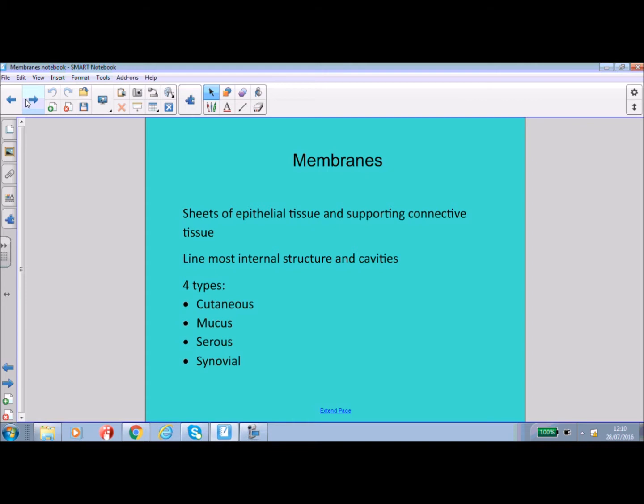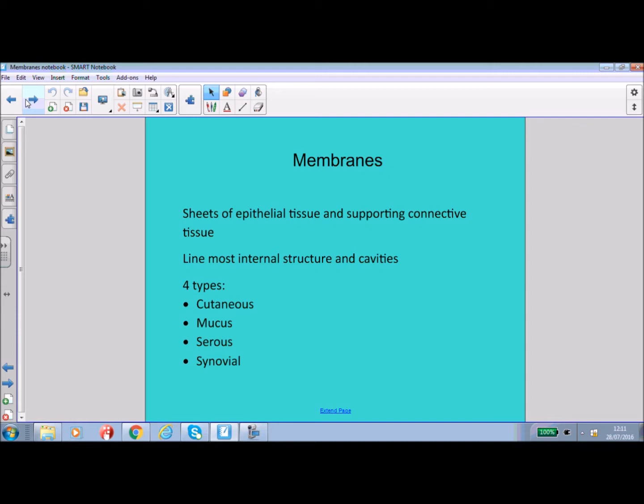The epithelial tissue is usually performing some kind of secretory function. And as we've spoken about in your previous learning already in this section, epithelium itself has no blood supply. So it relies on the connective tissue underneath to provide it with its nourishment.